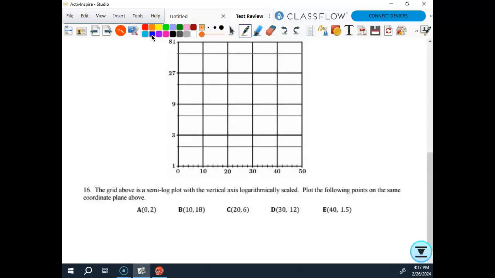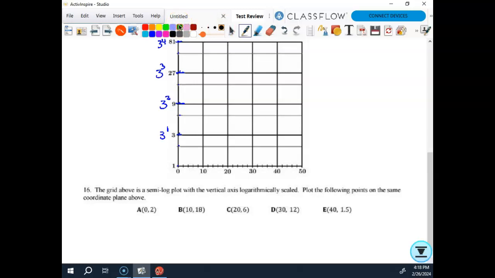It's logarithmically scaled because this is 3 to the first, this is 3 to the second, this is 3 to the third, and this is 3 to the fourth. If you notice how things are scaled, this is 1, 2, 3. This would be 3, 6, 9, 9, 18, 27, 27, 54, 81. That's what's happening there. Okay, so let's plot these.